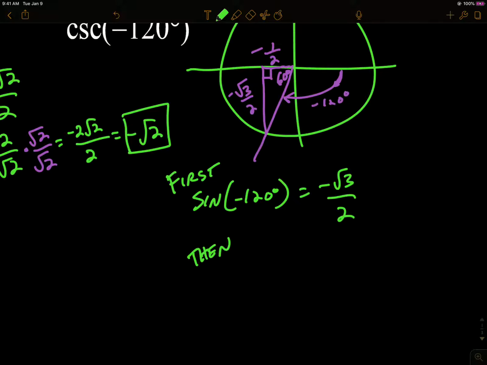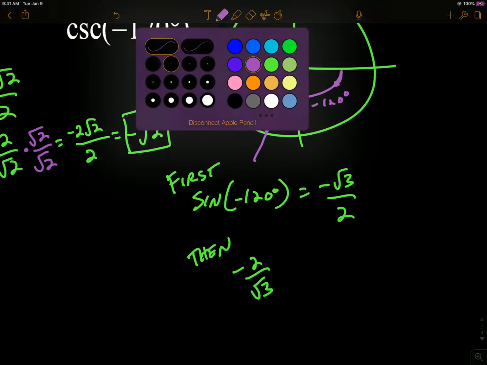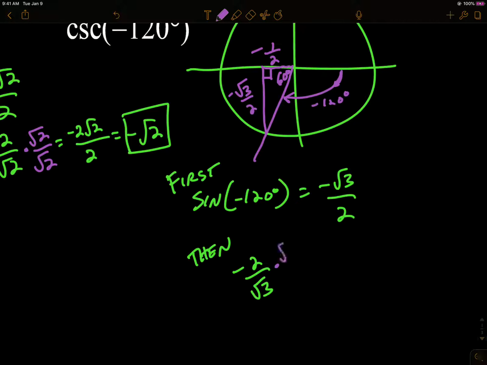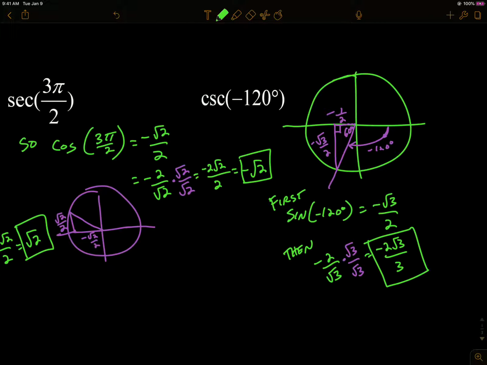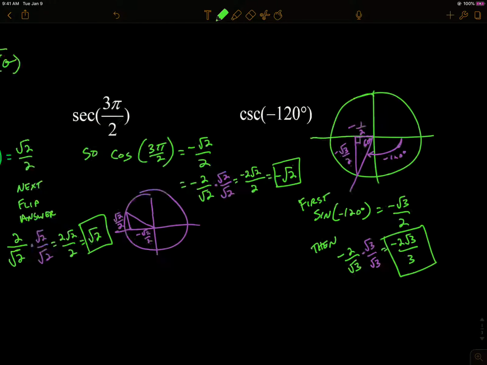Then I'm flipping my answer to make it negative 2 over root 3. Of course, we can't have roots in our denominator, so we have to rationalize by multiplying by root 3 on top and on bottom. That's our final answer. That is the cosecant of negative 120.